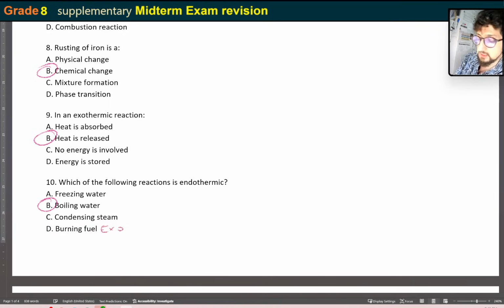Let's look at condensing steam. I'm going to try and explain this briefly here. So let's say we've got proper ice, the solid version. Then we've got liquid water, and then ice drops over here. Water drops, raindrops.